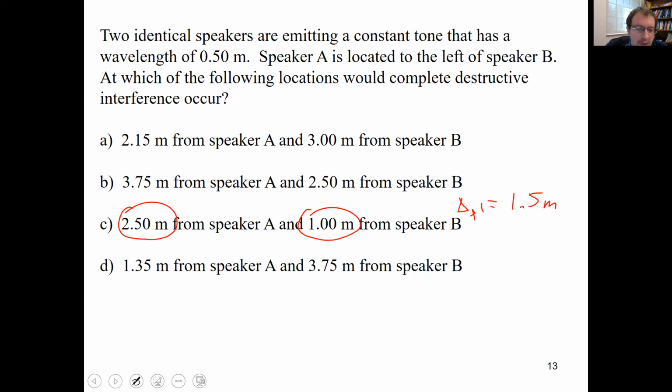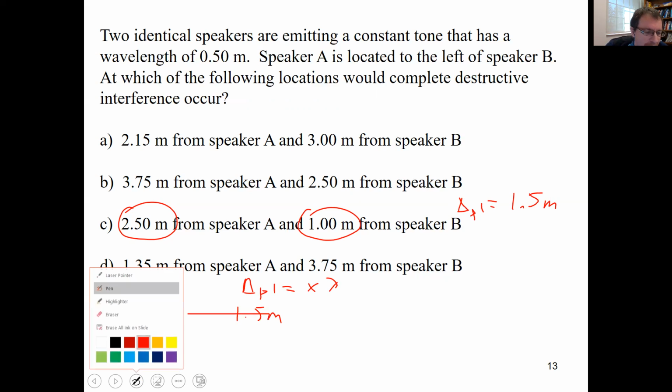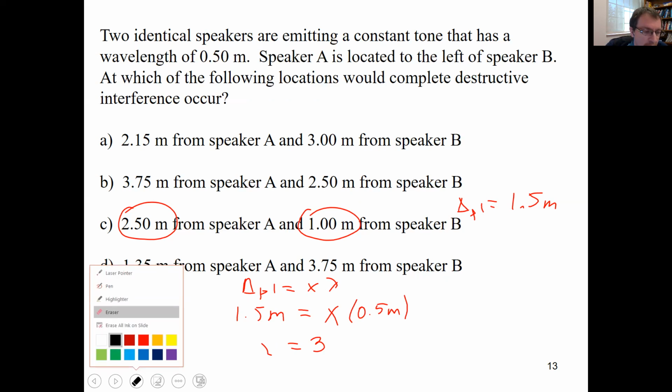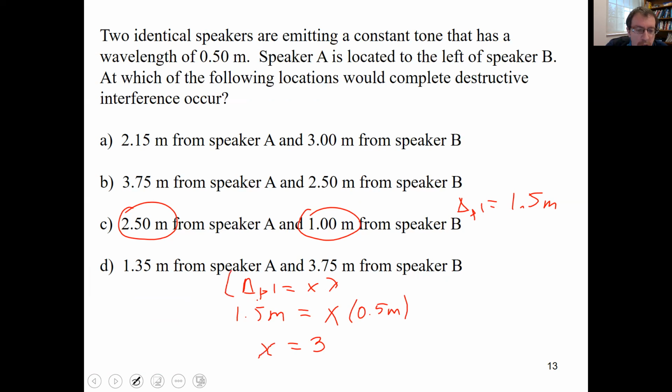So if I think about my delta PL equals X lambda equation, 1.5 meters is equal to X times 0.5 meters. Let's see, 1.5 divided by 0.5 would give me an X value of 3. X is equal to 3. And so that would mean that X is an integer in my equation.